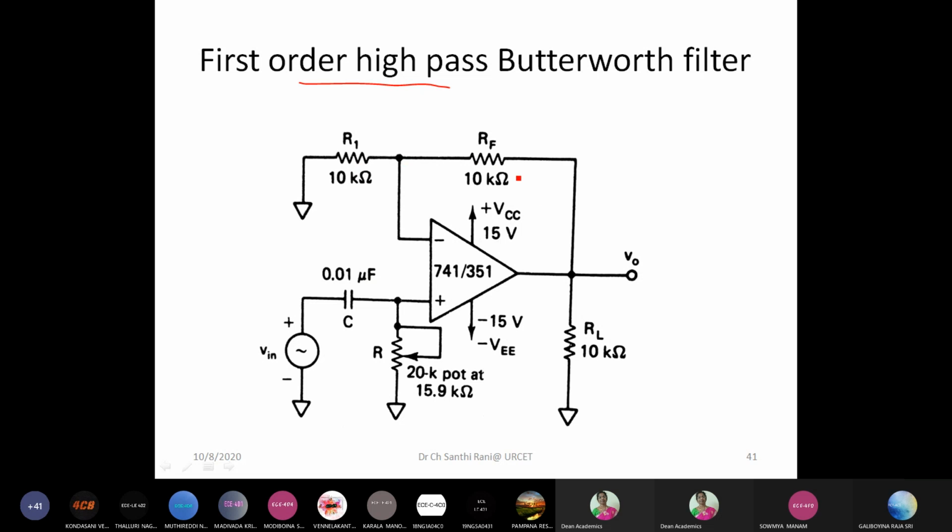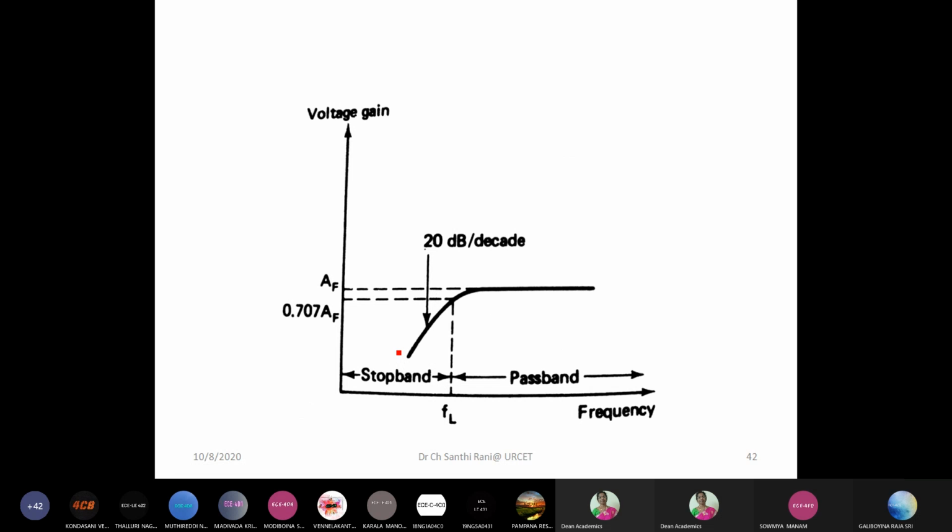No other modification, right? So now this is a high pass Butterworth filter. I think you might have taken this circuit when I opened this class. Many of you have joined and taken this circuit. Assuming that you have noted down this circuit, I'm moving a little forward, right?